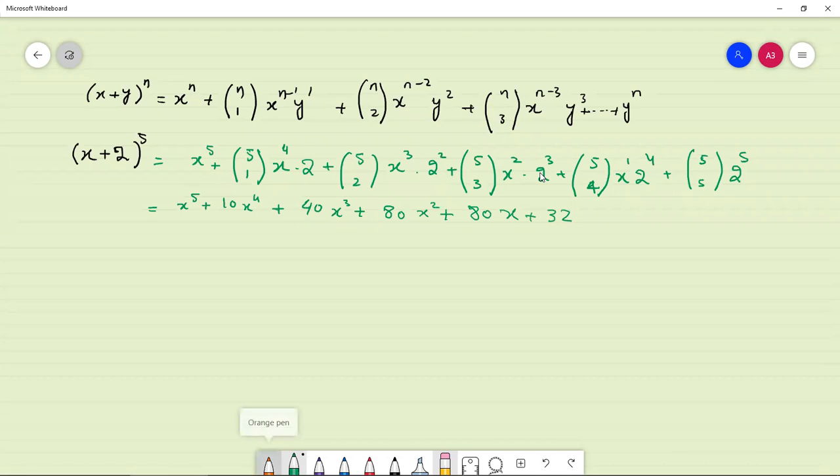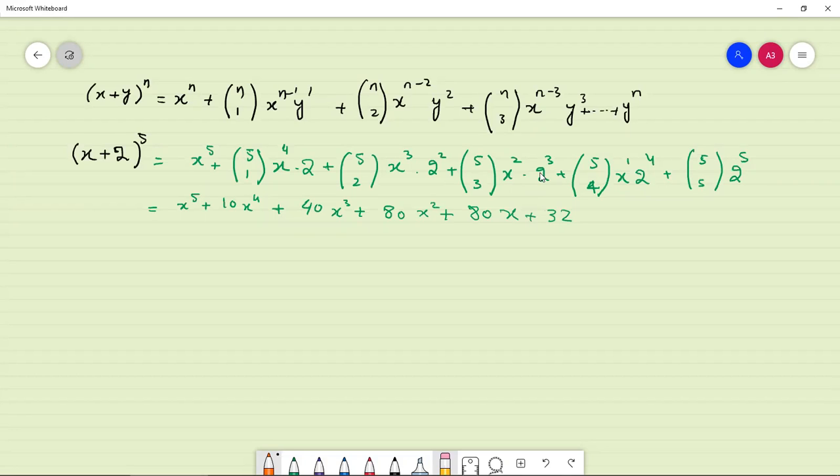So usually they do not ask to expand the whole expression. For example, if we have power 10, there are rare questions that say expand (x + 2) power 10 or write down the whole term. They just ask for one, two or three terms.